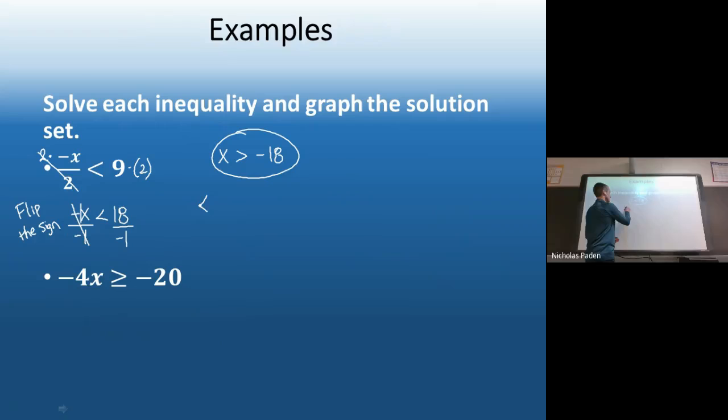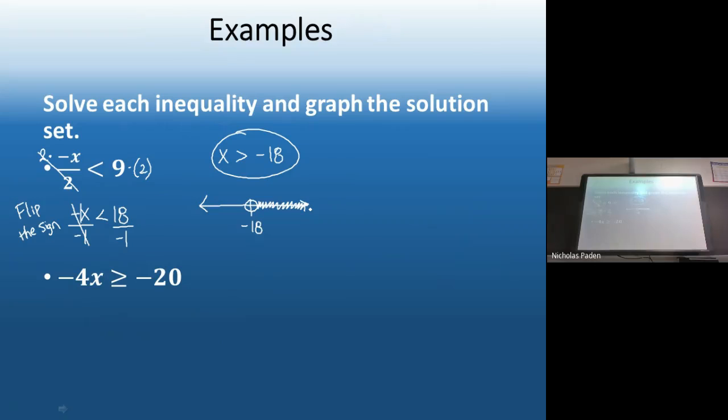So now my solution set, whenever I go to graph it, is going to be at -18. x is just greater than, so it's going to be an open circle, and then x is greater than -18. Greater than means we shade to the right. So that would be our solution set and the graph of it.